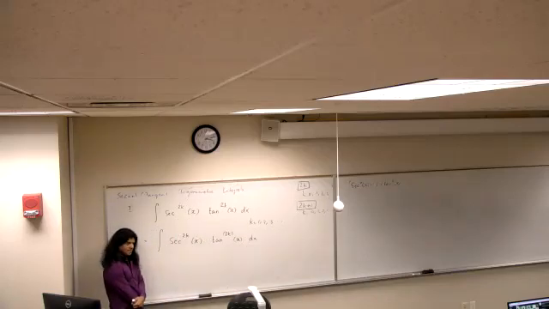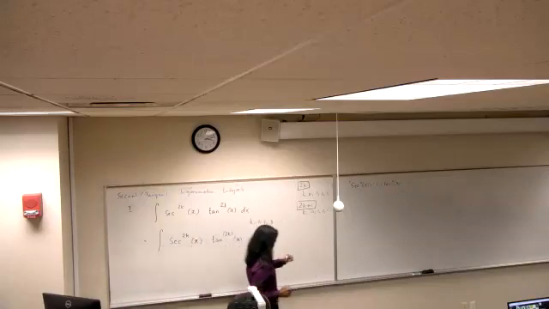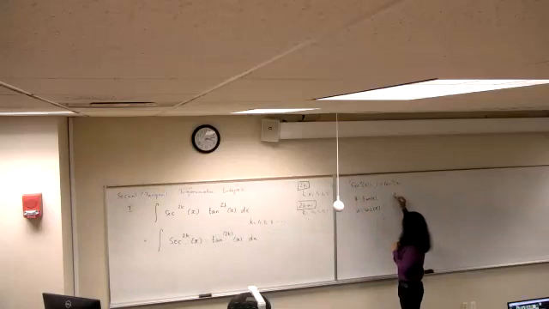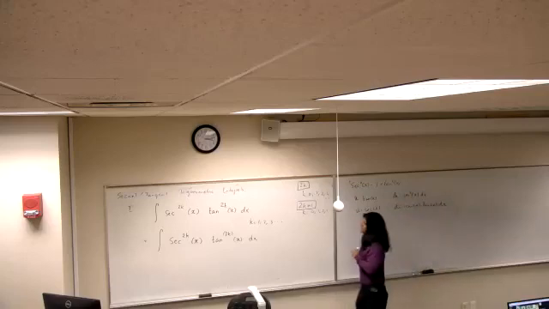So even power, and if we pick u to be tangent x, what is du? Secant squared x. There are only one of two possible substitutions from last time. Either you pick u to be tangent x, or you pick u to be secant x. And you would end up getting du to be secant squared x dx, or secant x tangent x dx.